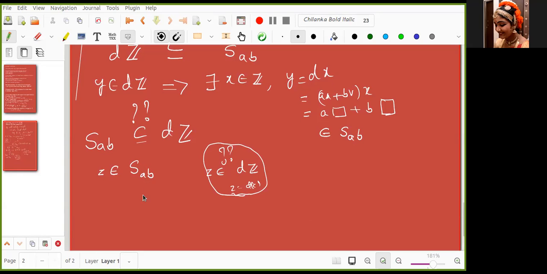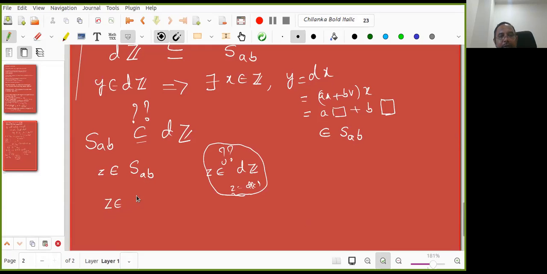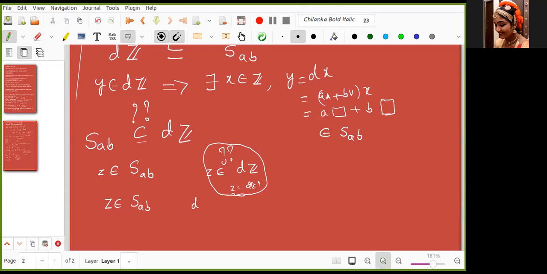Could you repeat the question again? See, now I have small z in SAB. I want to show it is in DZ. So that means Z is equal to DK. Forget about that. What is that I want to say?